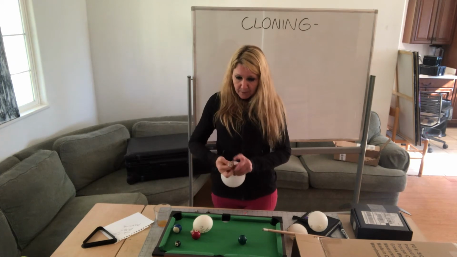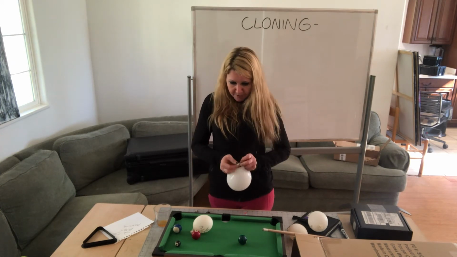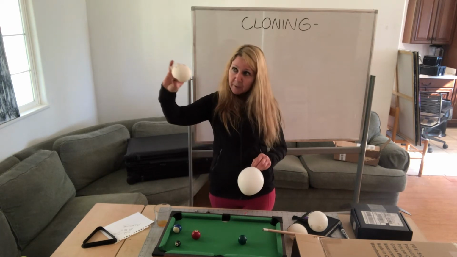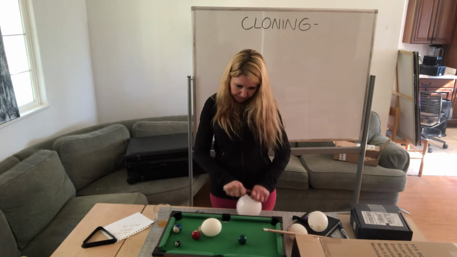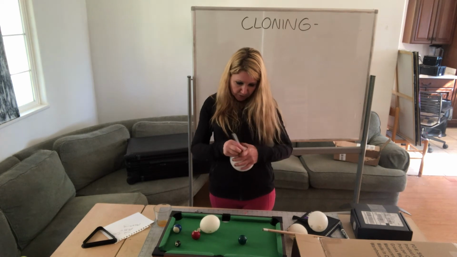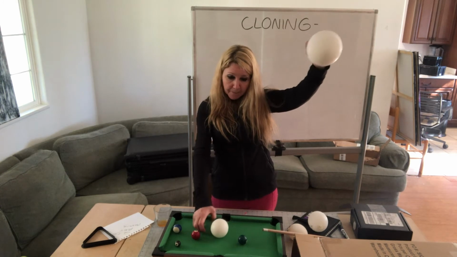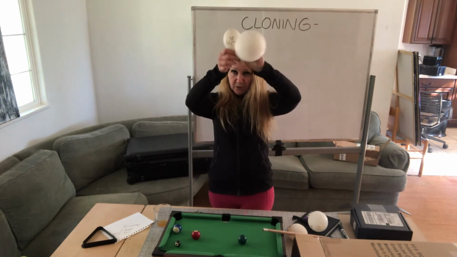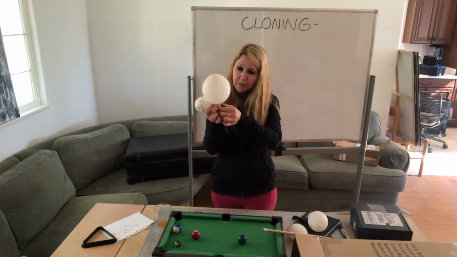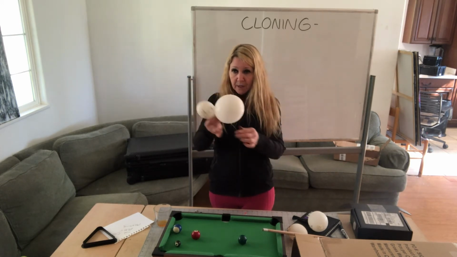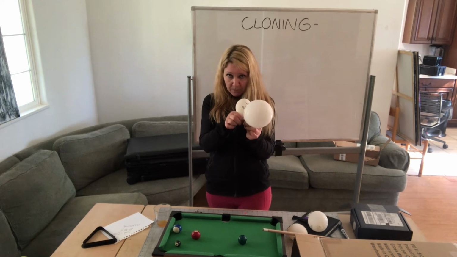So the next thing, they take the skin cell from cow A and the oocyte from cow B. And they use an electric current, kind of a shock, and that fuses them together.